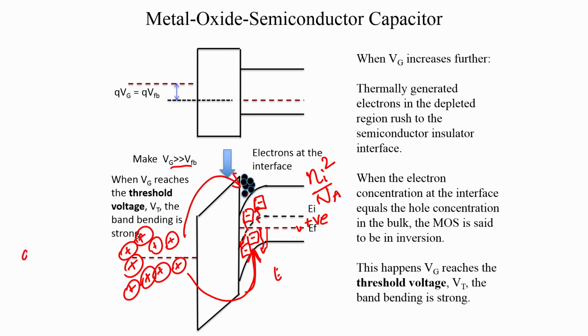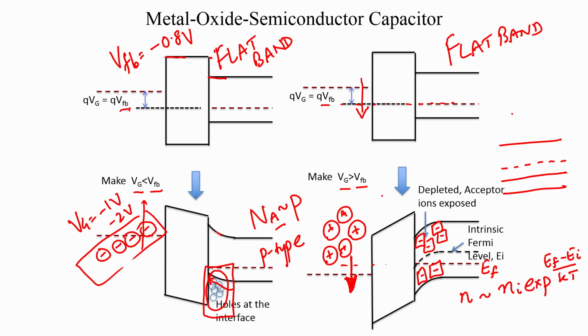So, both QNA minus and Qn start compensating for the positive charge on the gate. Whereas, in the previous case when Vg was just slightly greater than Vfp and Ei was not yet bent so much, it was only the acceptor ions that were compensating for the gate charge.